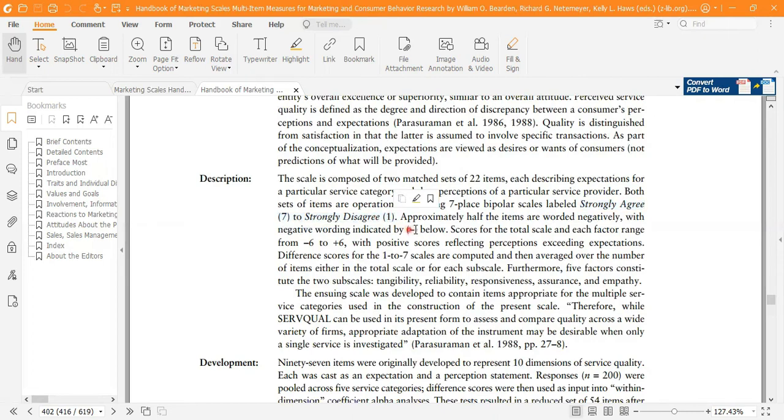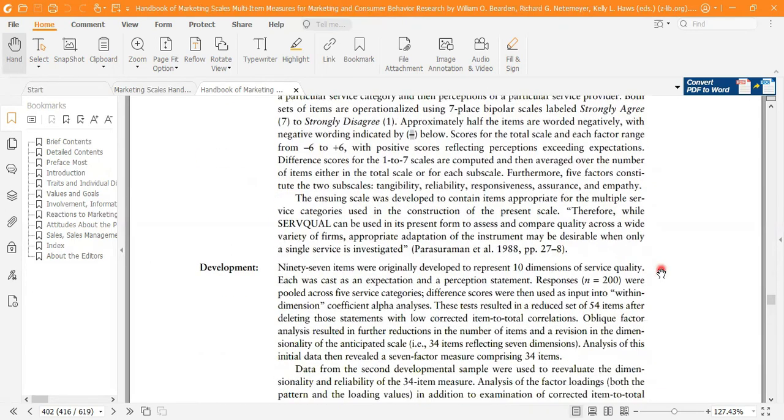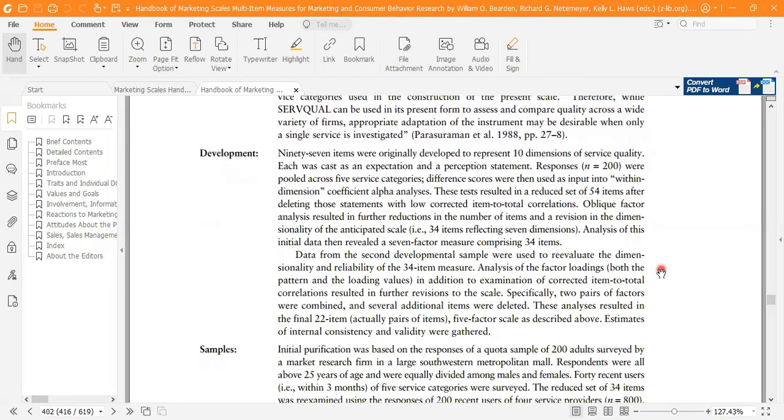And then again, this hyphen shows the reverse question. Some reverse questions are also available in this one. Okay, and then a very interesting development I'm going to tell here. Initially there were 97 items, and there were 10 dimensions of the service quality. But after that, what happened?